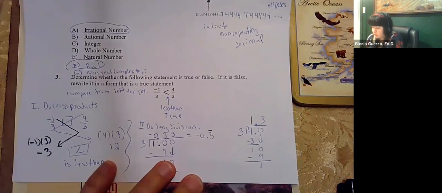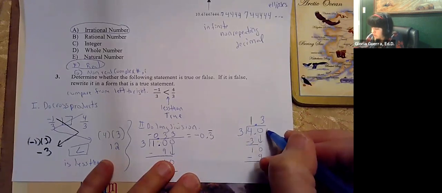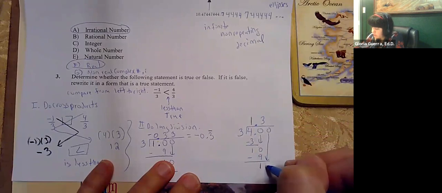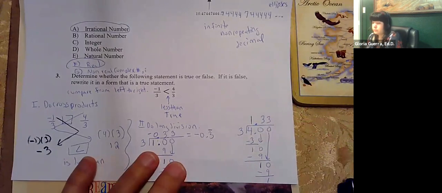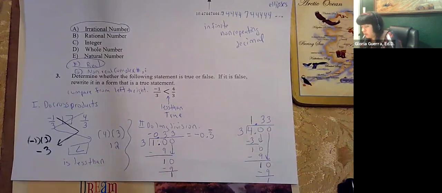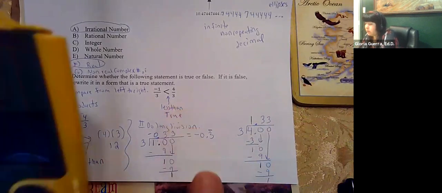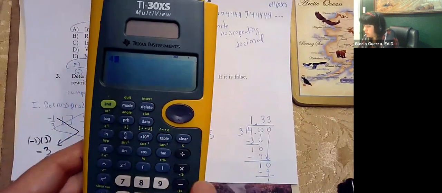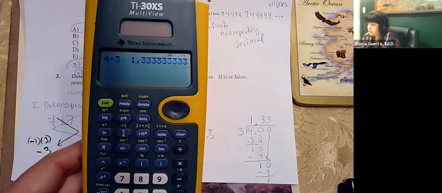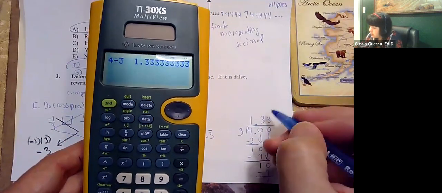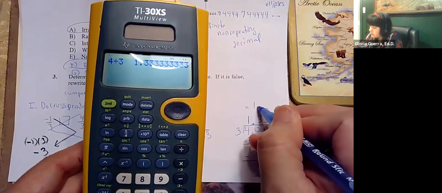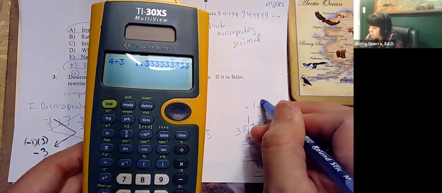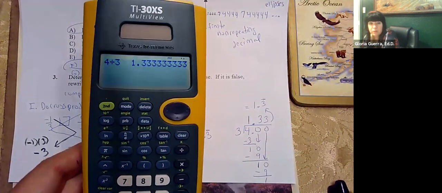And if we continue one more time, just to make sure, add a 0 here, pull it down. 3 goes into 10 about 3 times. 3 times 3 is 9. 1 left over. Okay, so I'm going to check that on my calculator. 4 divided by 3. And you see how we do get a repeating decimal. So this equals positive 1.3 with the bar over that, okay?